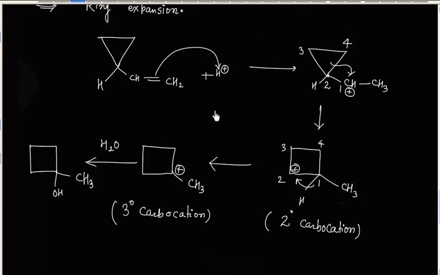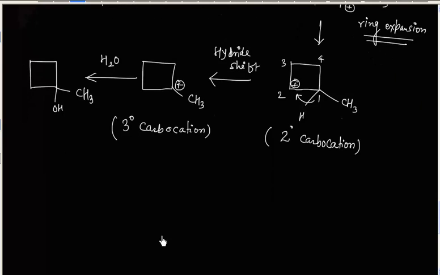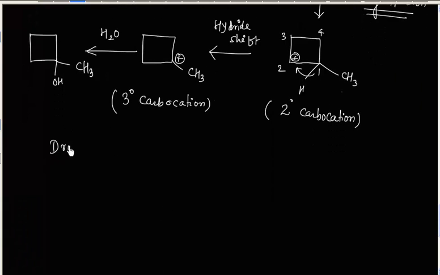So in this problem we have alkyl shift. An alkyl shift leads to ring expansion. And next we have hydride shift. And all these shiftings are happening to generate a more stable carbocation. So what is the driving force of shifting?